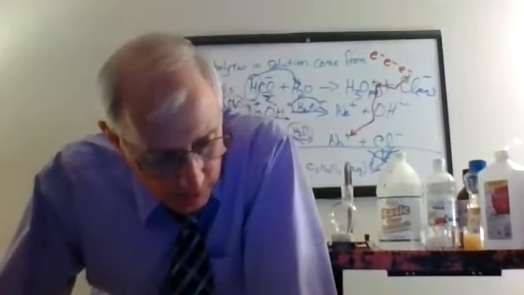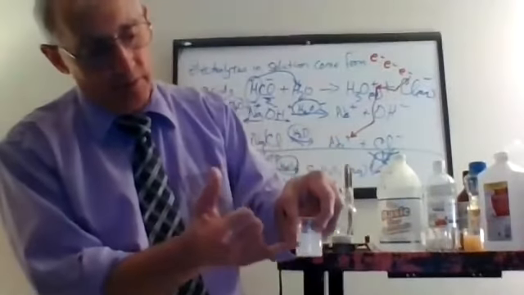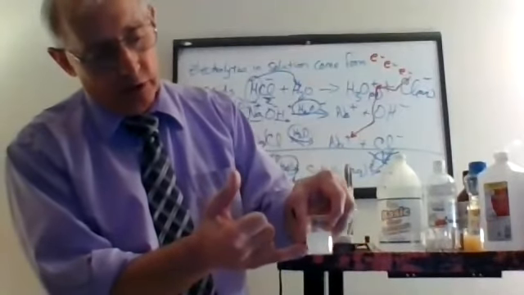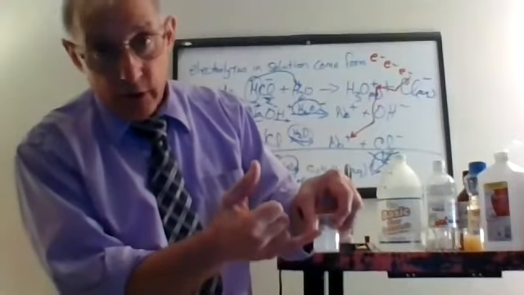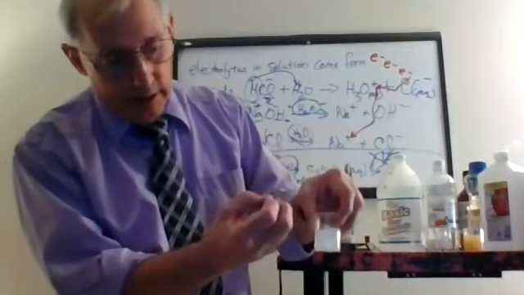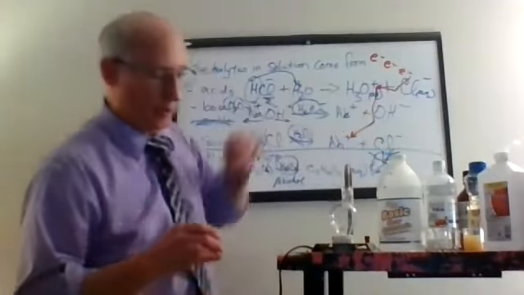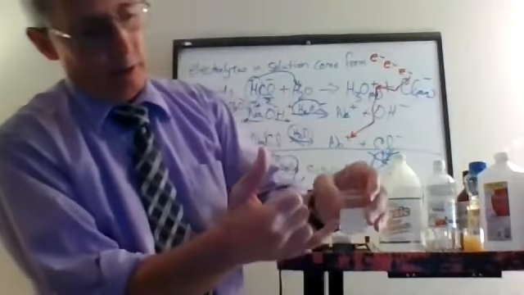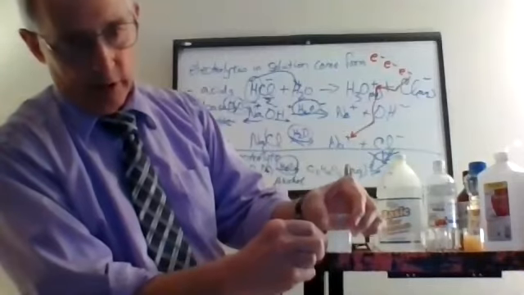Solution equilibrium. Well, when this thing is saturated, the question is, are there still some grains of salt that are getting together because they have positive and negative attraction? And so those formula units are clumping together and falling to the bottom.